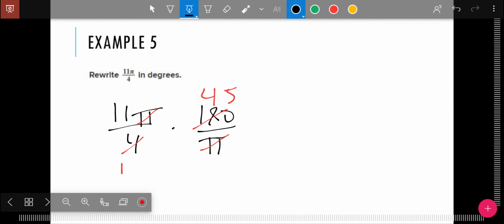And so at this point, I just have to do the math. I have 11 times 45 is 495 degrees. Now, I could have just done 11 times 180, got the big number, and 4 on bottom, and that would have been fine. Your calculator could do that work for you. So feel free to do it that way as well.